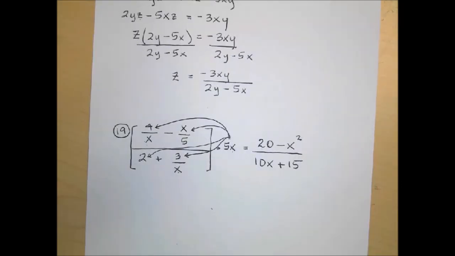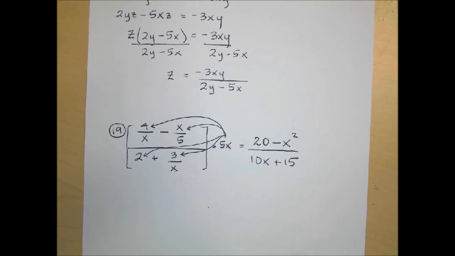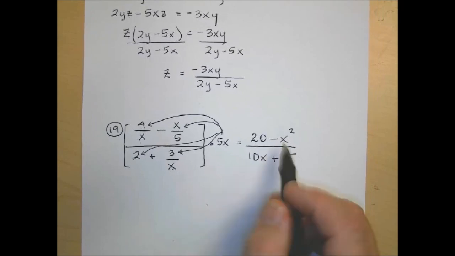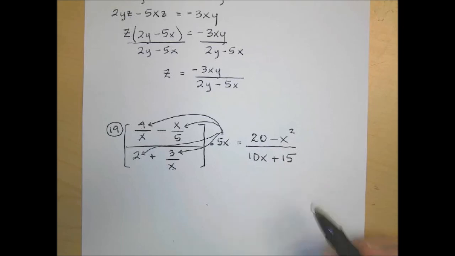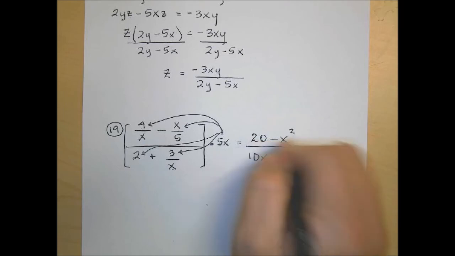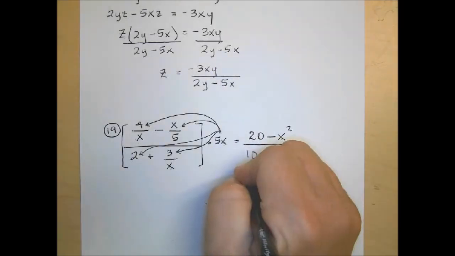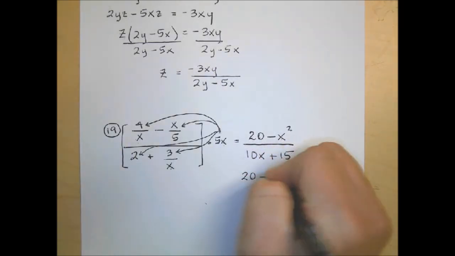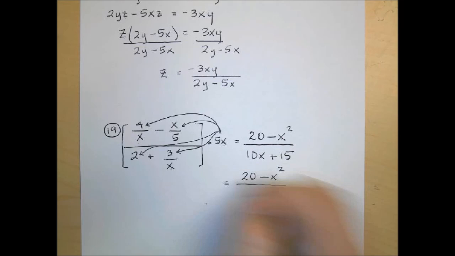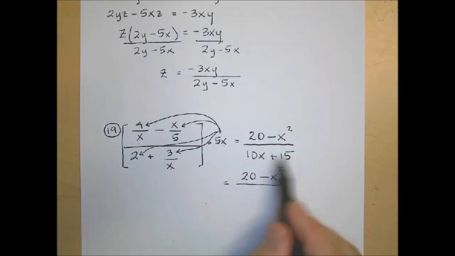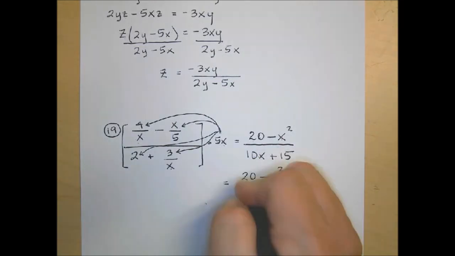So, that's actually going to be our answer, but what we would do is we would try to factor, if any of these are factorable, we would factor it to see if anything cancels. But the top, the numerator of this right here, that's not factorable, so I'm going to leave it as 20 minus x squared. Now the denominator down here, I can factor out a GCF of 5, so I'm going to.